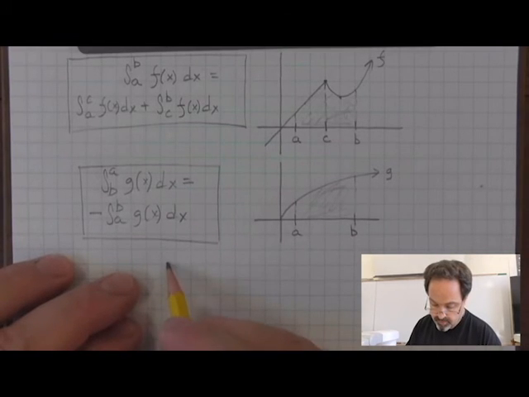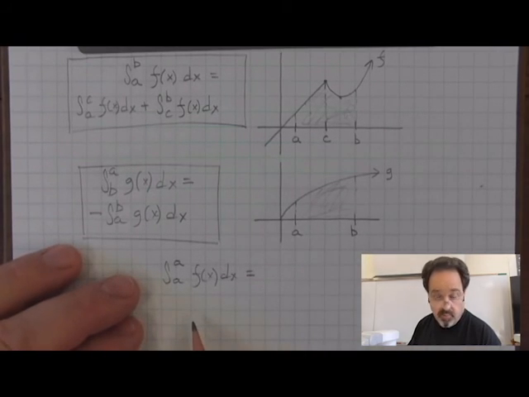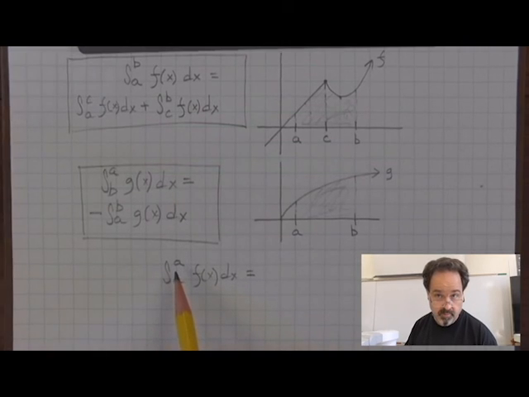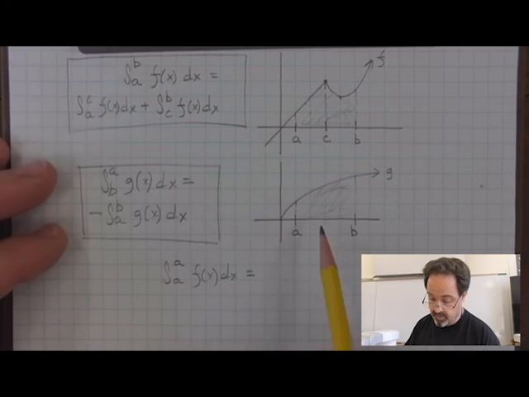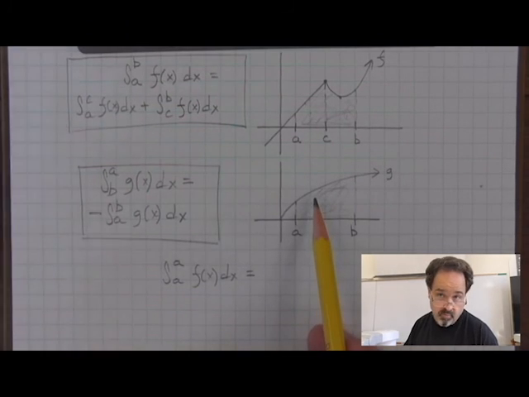One other property, the integral from a to a of f of x with respect to x. Let's think about what it means when the bounds of integration are the same number. Again, it might help to remember that we're calculating areas as base times height, roughly in concept.